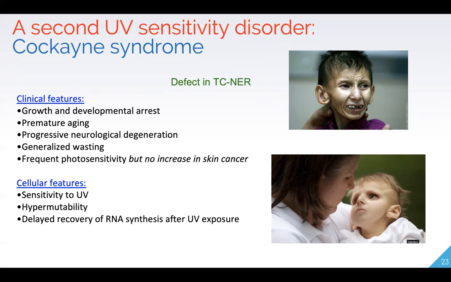You will see that cells taken from these patients are easily killed by an amount of DNA damage caused by sunlight that would not be harmful at all to normal cells. So you can actually measure their sensitivity to UV light.